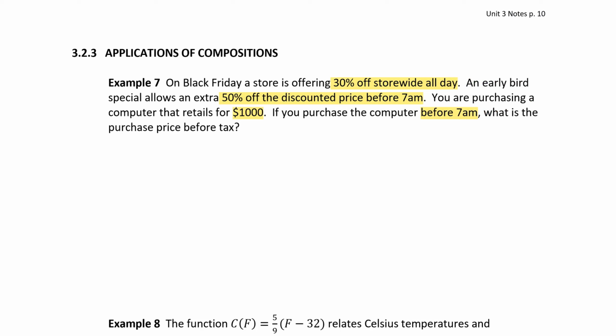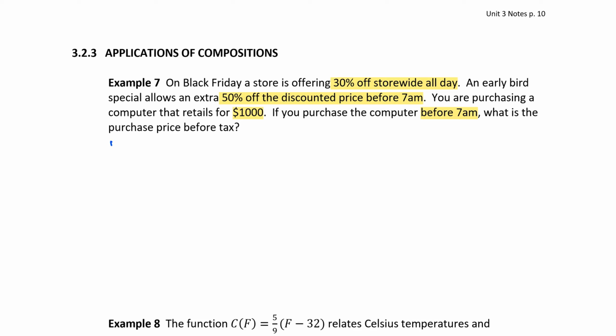So we've got a store-wide sale of 30% off all day. If we have 30% off, that means we're paying 70% of the original price, right? 30% off means we're paying 70% of the original price.